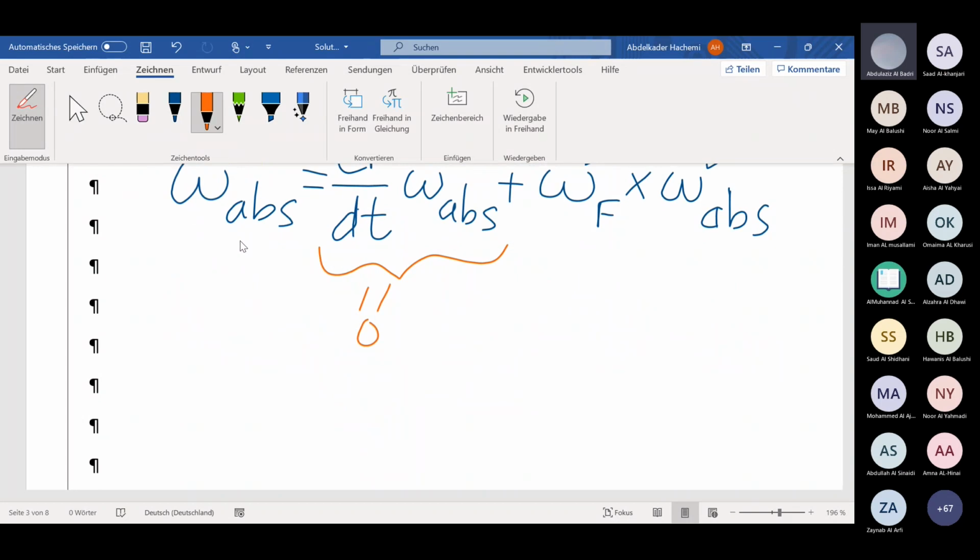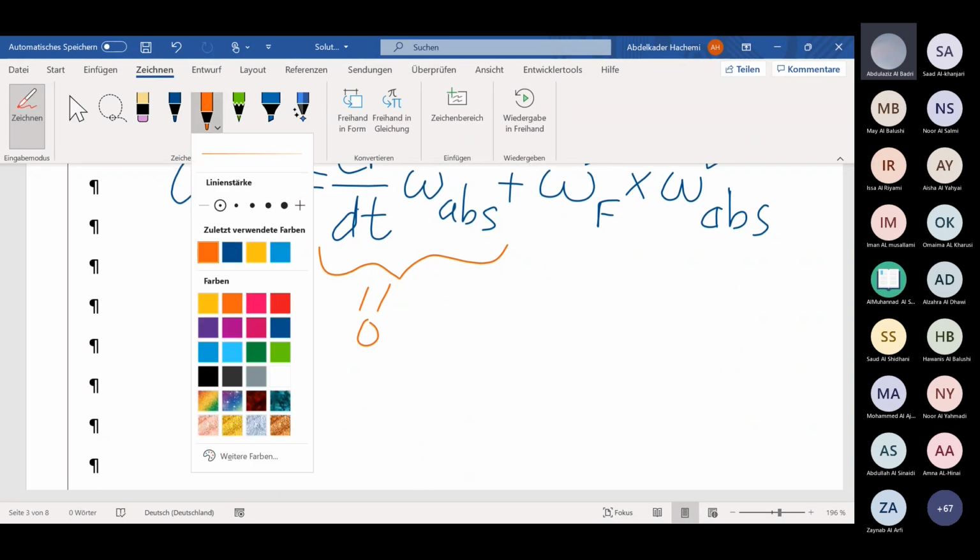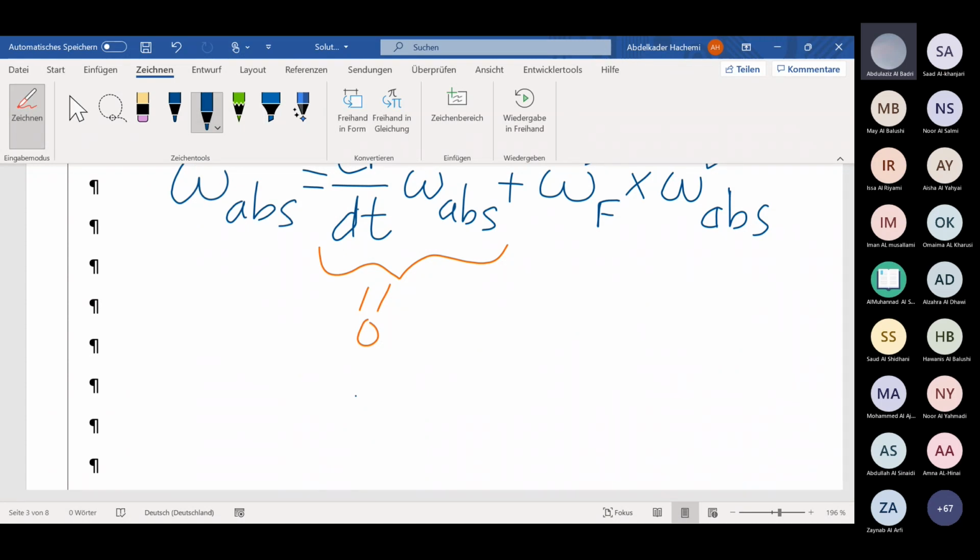Then we can write this as: omega f is only 0, omega 1, 0, as it is the frame angular velocity, cross the absolute, that means omega 1 as vector plus omega 2 as vector.